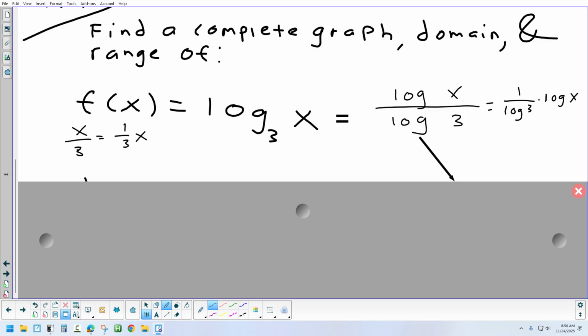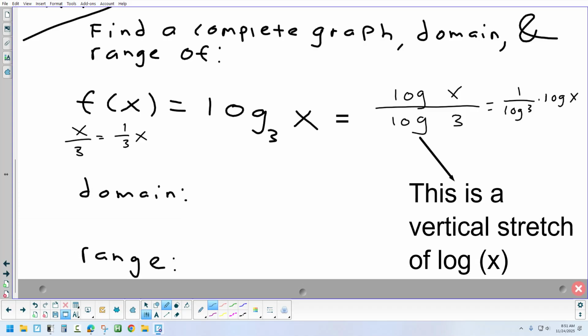Yep, vertical stretch. So technically what we're doing here is a vertical stretch of the log function. 1 over log 3 is going to end up being a decimal, so it's actually going to shrink. But it is a vertical stretch of log x.